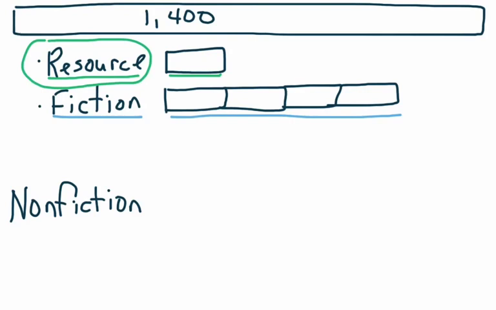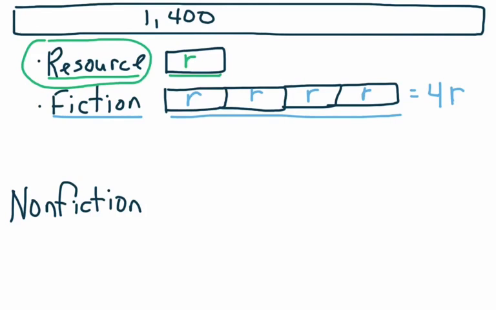So we are going to represent resource books with an R, and fiction is also going to be represented by R. What's another way that we can write this? 4R. Okay. If we let R represent the number of resource books, then 4R represents the number of fiction books.